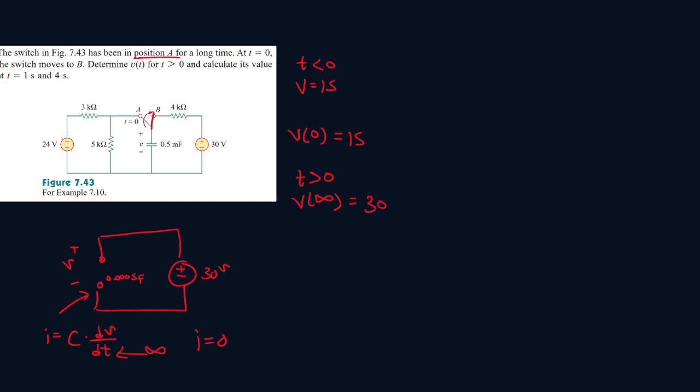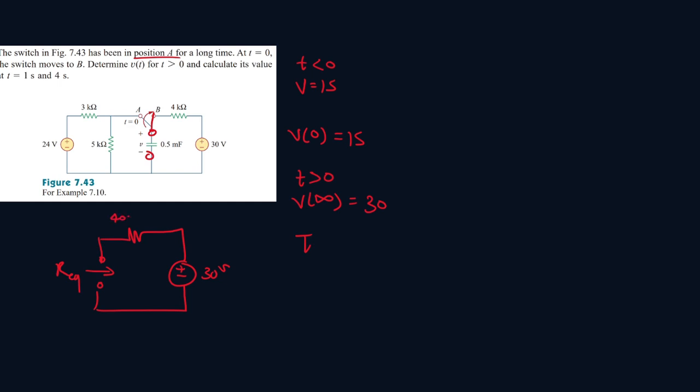Okay, now we just need one more thing, our time constant. So recall our time constant will be the equivalent resistance between the terminals of our capacitor. And since we want the time constant when t is greater than 0, we're going to focus on this portion of the circuit. So let's redraw our resistor value here and find the equivalent resistance through here.